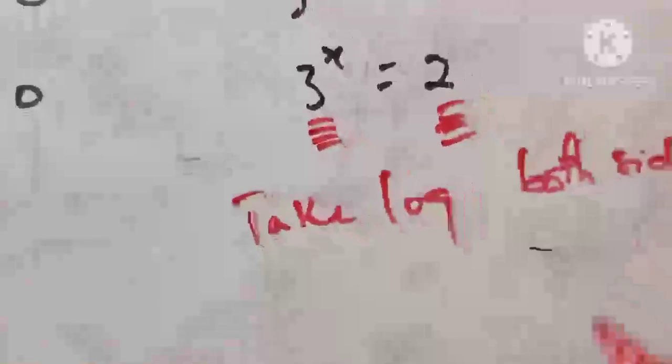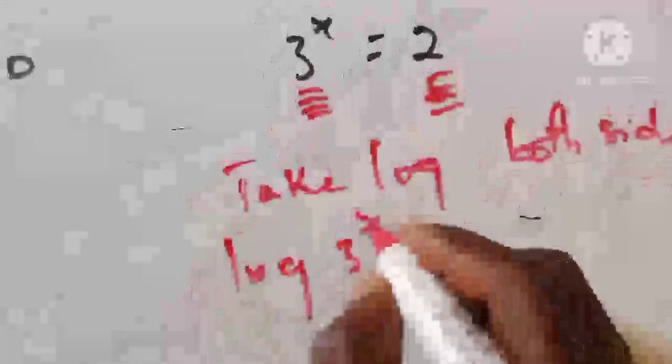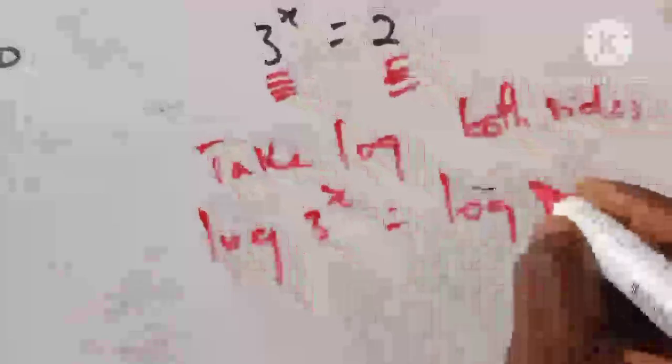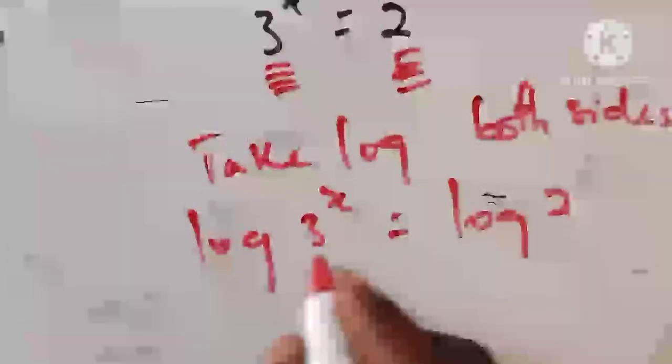So what are we going to do? We are going to take the logarithm, taking the log of both sides here. So log of 3^x is equal to log of 2. Remember the law of logs: if this is raised to the power x, the x can drop down.